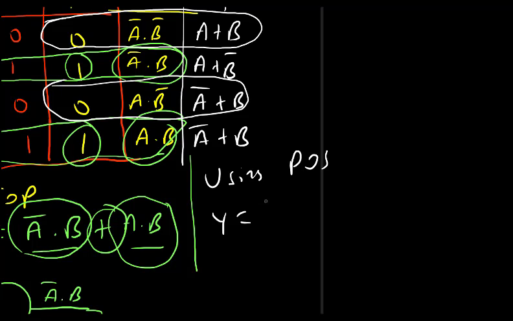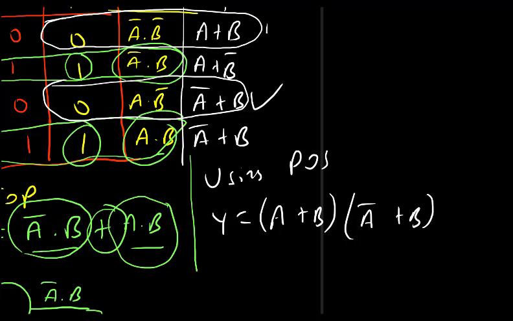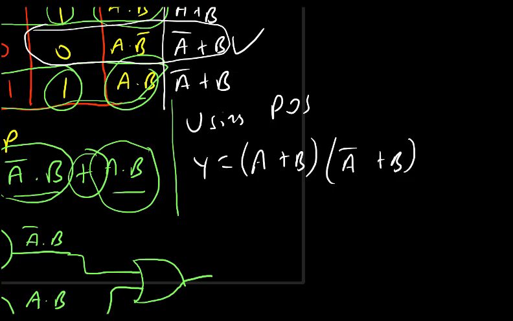So this output is A or B, and then we have A bar or B, these two. Now this is a POS equation, and for POS equation we require an OR AND combination. OR AND means we have an OR gate, because first is summation, summing, then again summation.